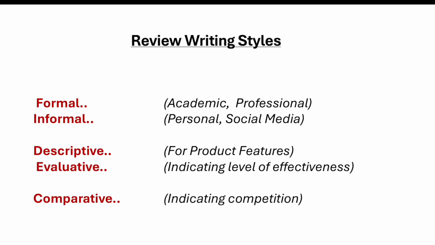Comparative review writing style. In this style, he compares the product with other products of the same domain, same field. So after comparison, he gives a comparative study for showing the effectiveness of the product.